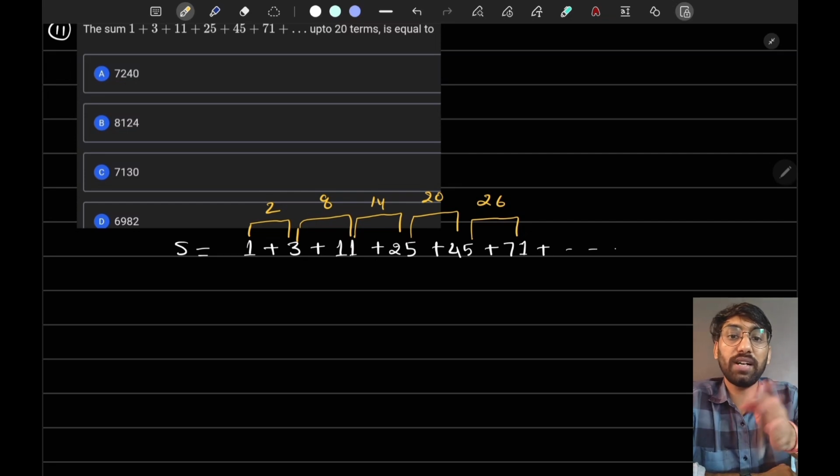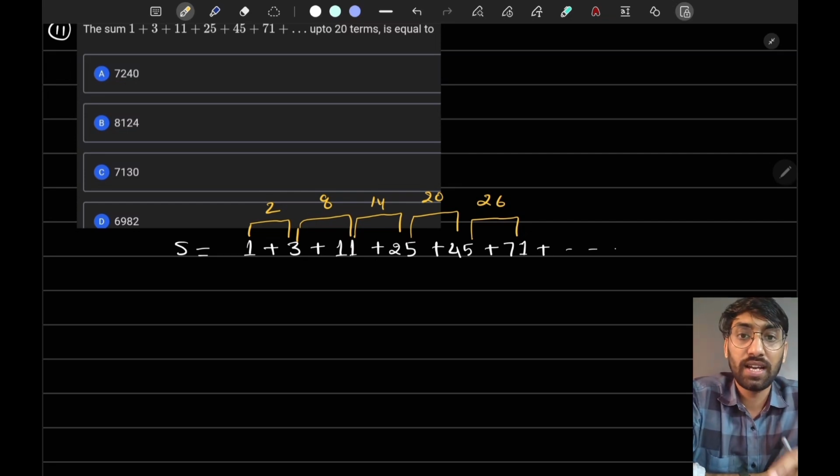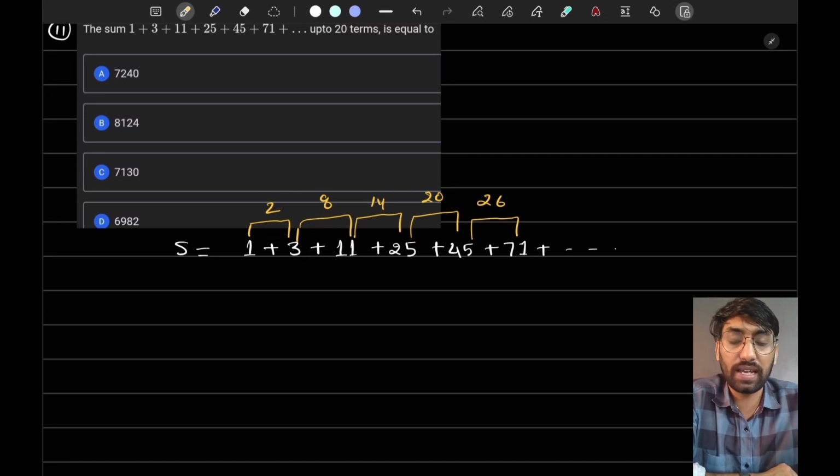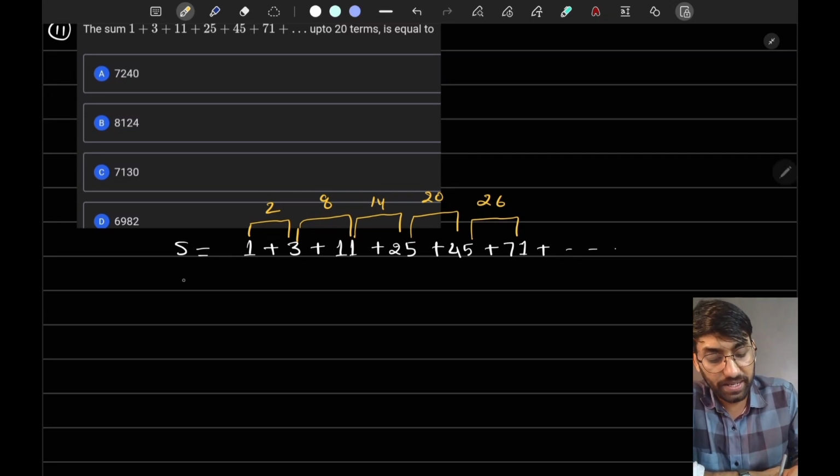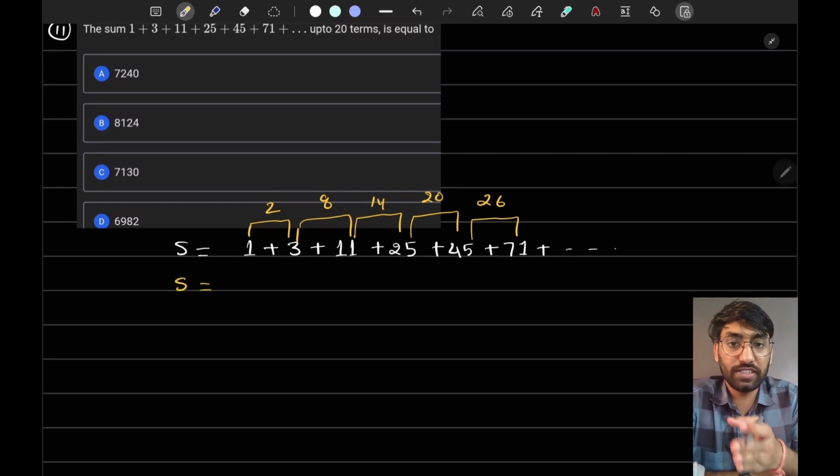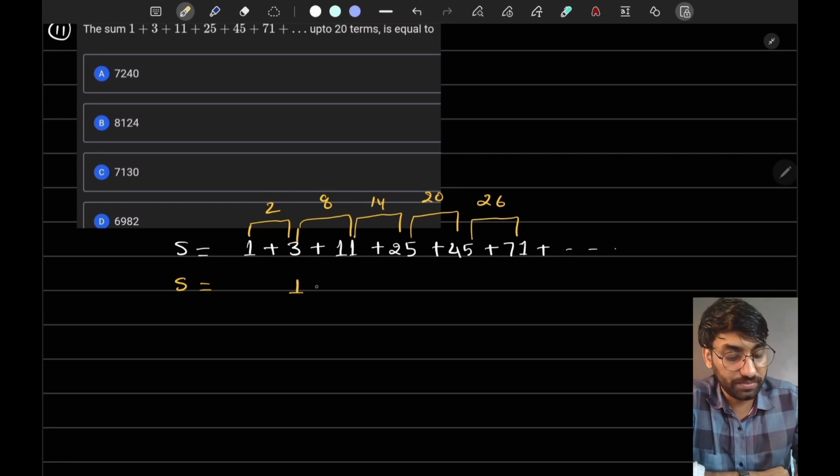So the consecutive term differences that we are looking for, I am getting in terms of AP. So this is a direct question from the sum of differences method. Okay. So difference method, how will we find? I will write my S exactly again and just shift by one from the second term. So I will start writing 1 from the second term: 1, 3, then 11, then 25, then 45 and so on.